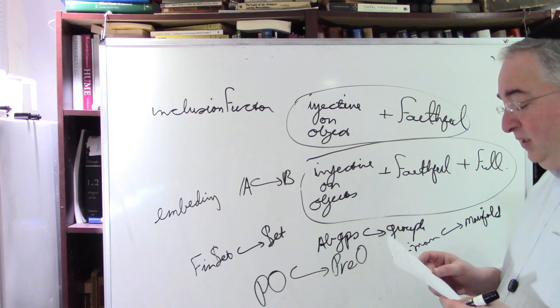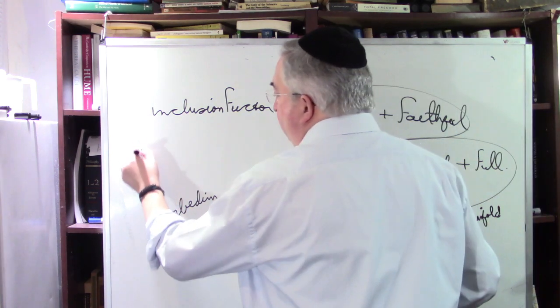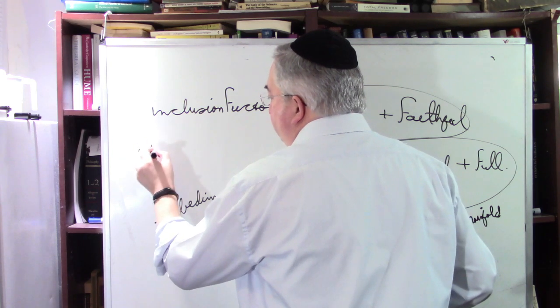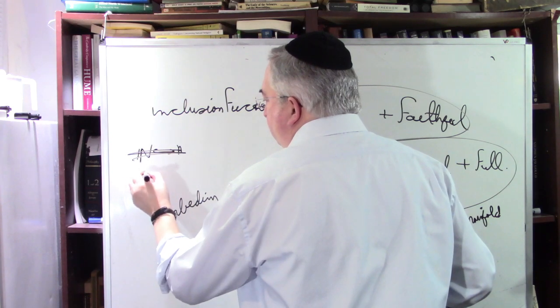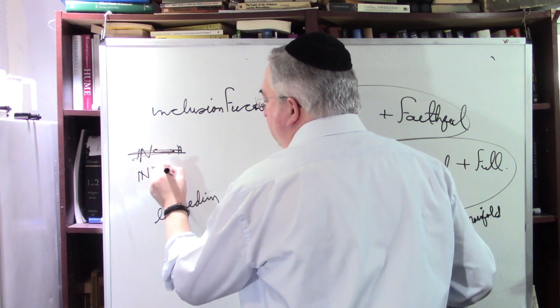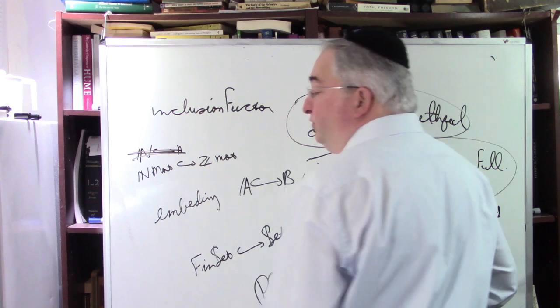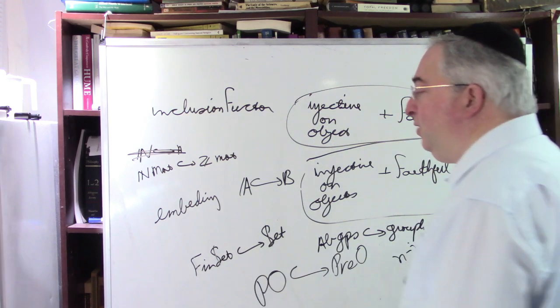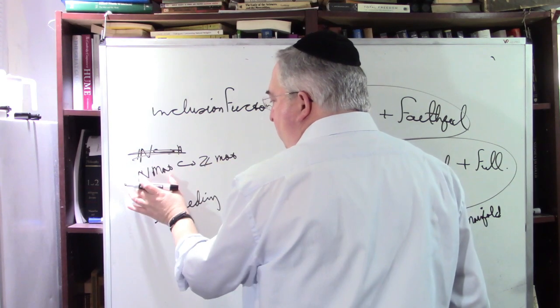But there are other examples that are not. For example, the natural number matrices including into Z matrices, that's not an embedding. Why? Because there are more morphisms there than there are here.